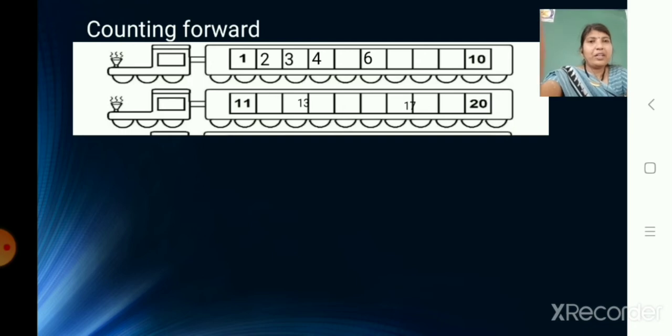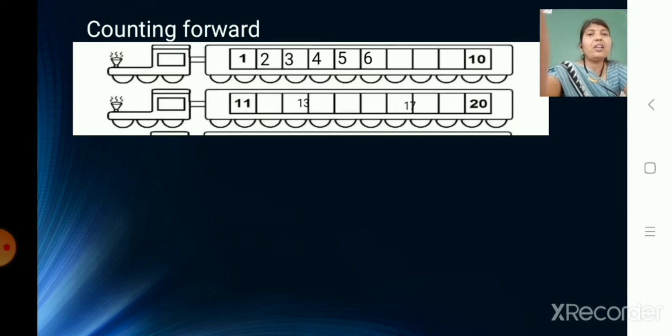Now when you add 1 to 3, you will get the answer 4. Yes, it is already given. Now again you have to count forward. After 4 comes 5. After 5 comes 6. Now what are we doing?